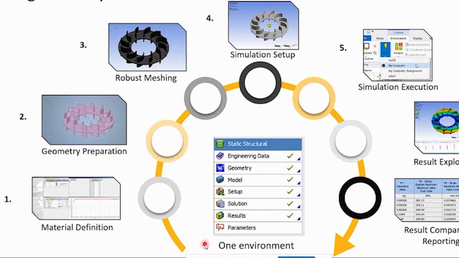For example, let's say you want to run 10 design iterations by changing the load. So using the parameters option here, you'll be able to run multiple design scenarios or loading scenarios. So we have a logical workflow starting from material property definition up to post-processing and parameterization.